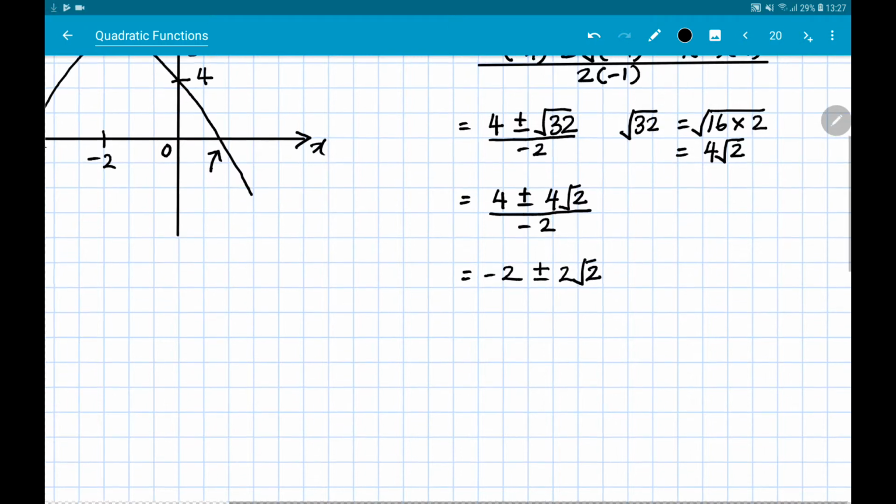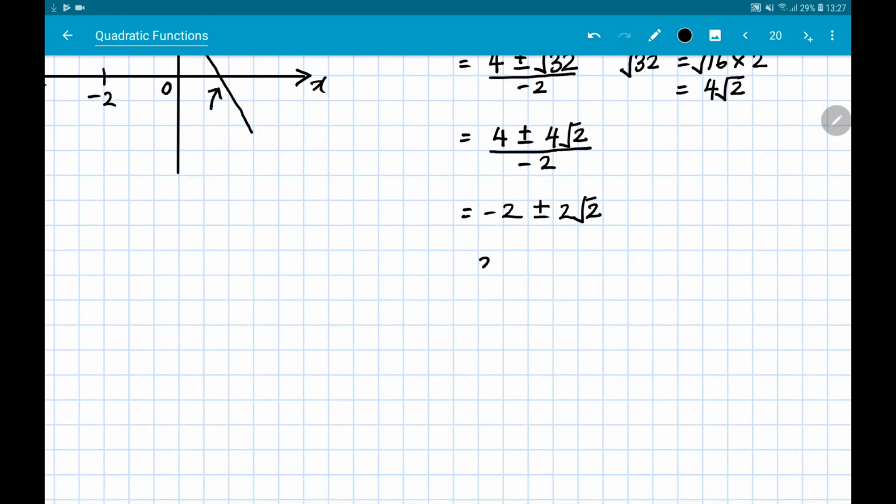Okay, so again, what does it mean? This means that one x number is negative 2 plus 2 square root 2. Another x number will then be negative 2 minus 2 square root 2. Again, you can use your calculator to determine which number is smaller and which number is larger. This number is smaller and this number is larger.